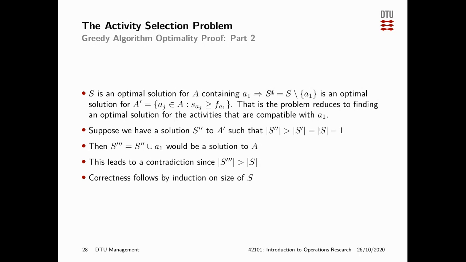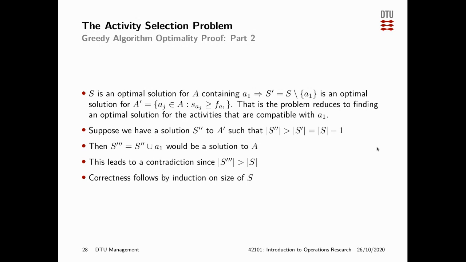Then our claim is that this set is the optimal solution to this activity selection problem, which is the problem of determining the maximum number of compatible activities that is also compatible with activity 1.